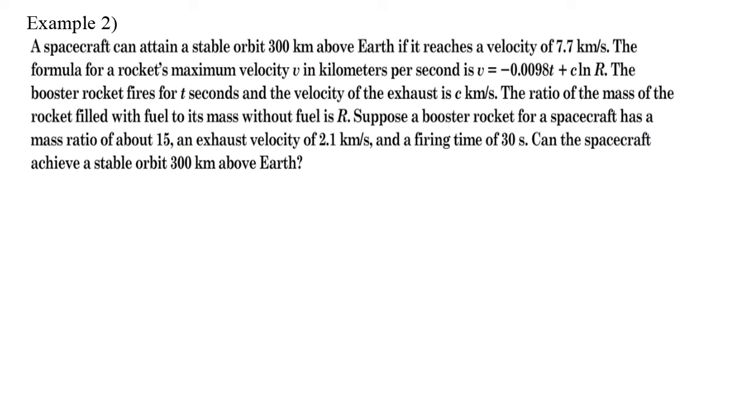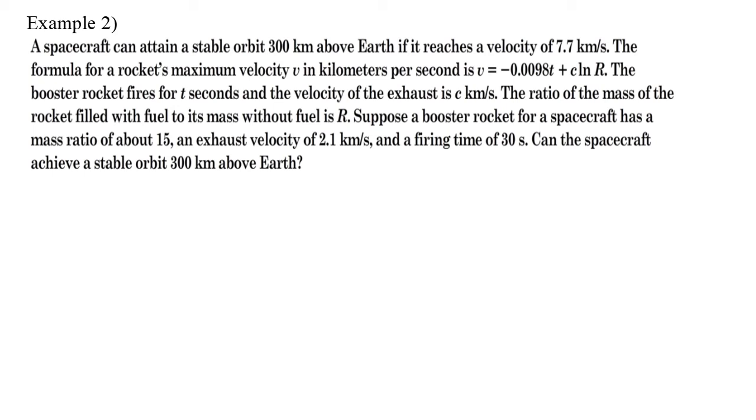The ratio of the mass of the rocket filled with fuel to its mass without its fuel is r. Suppose a booster rocket for a spacecraft has a mass ratio of about 15, an exhaust velocity of 2 1/10 kilometers per second, and a firing time of 30 seconds. Can the spacecraft achieve a stable orbit of 300 kilometers above Earth?